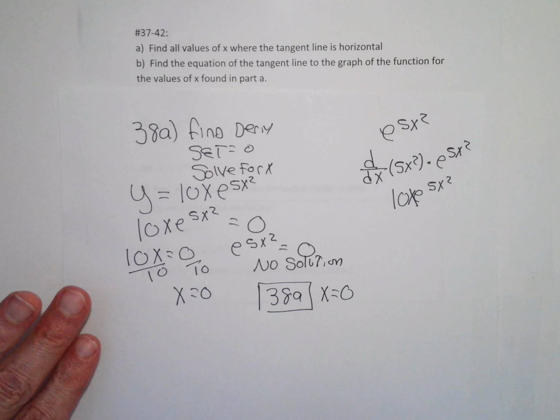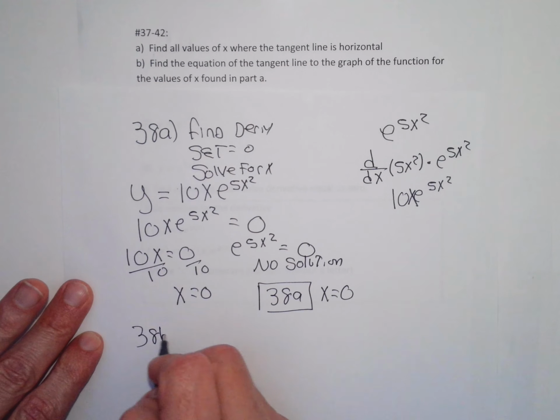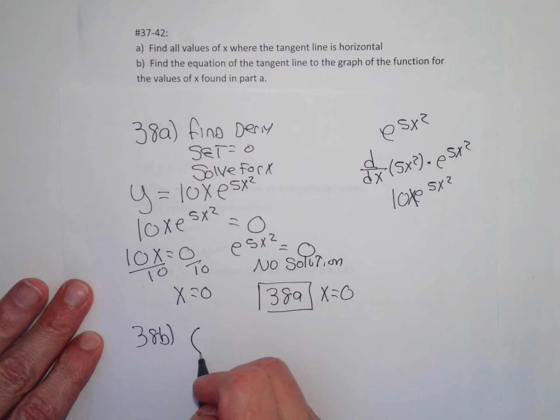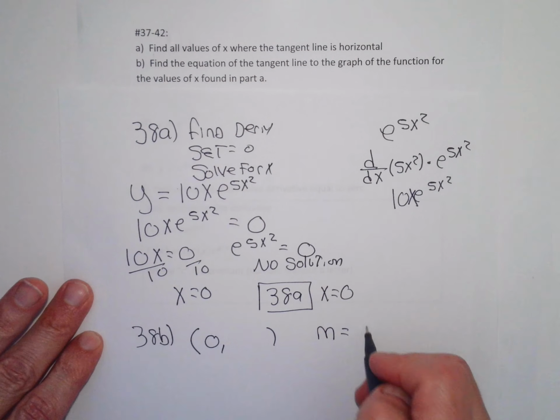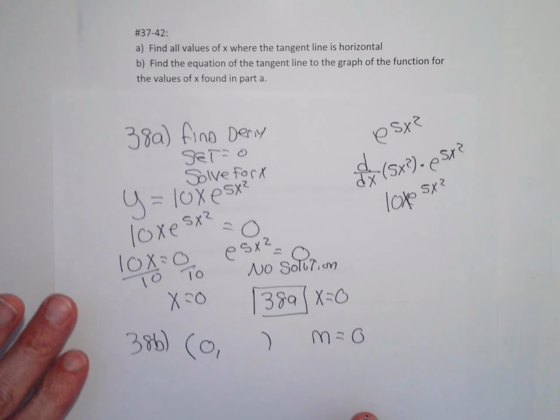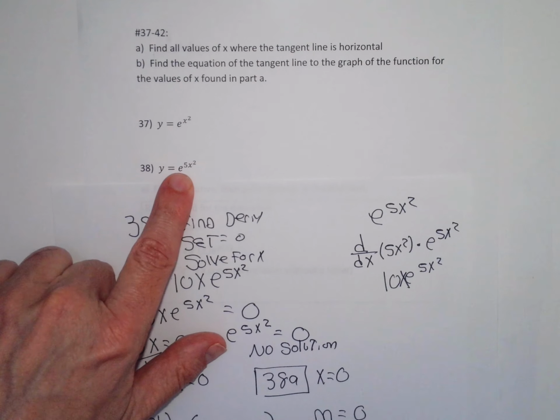Now I'll move on to problem B of 38. And for part B, I have the x coordinate of a point, which is 0. I have the slope, which is 0 because horizontal lines have 0 slopes. Now I need to get the y coordinate of the point by plugging in 0 for the x.